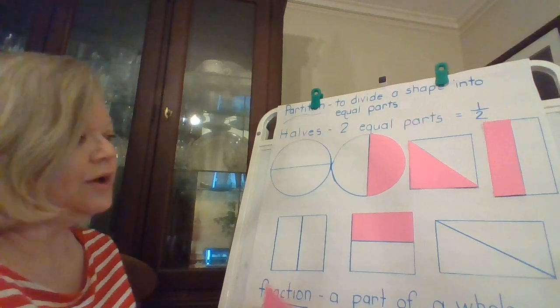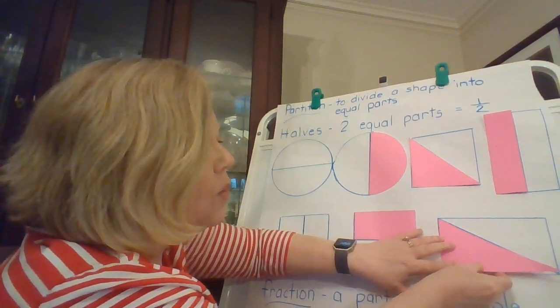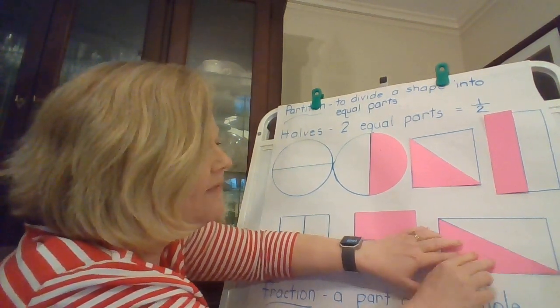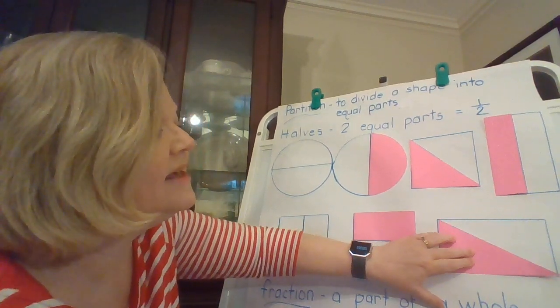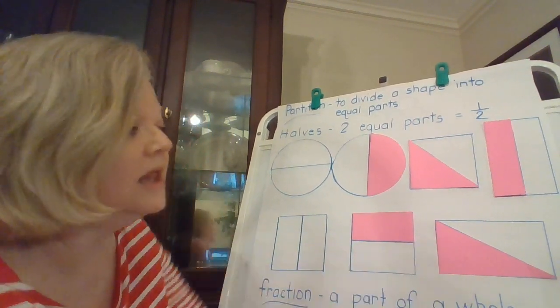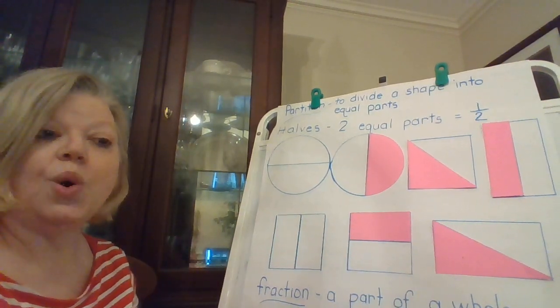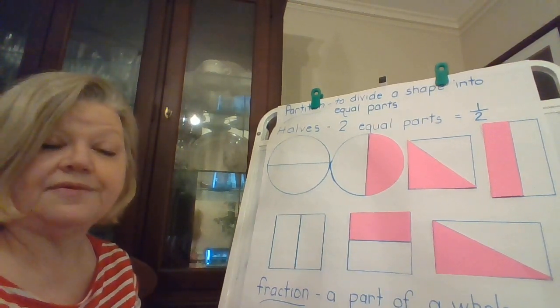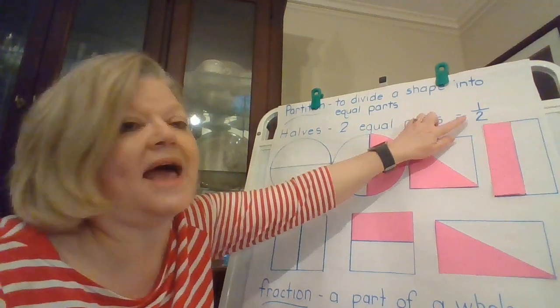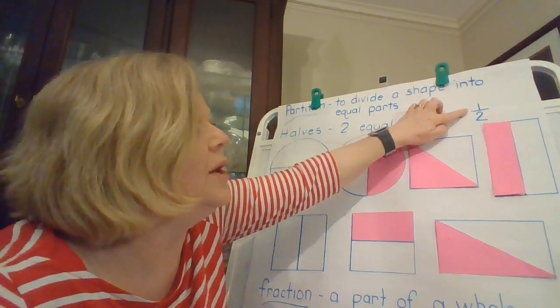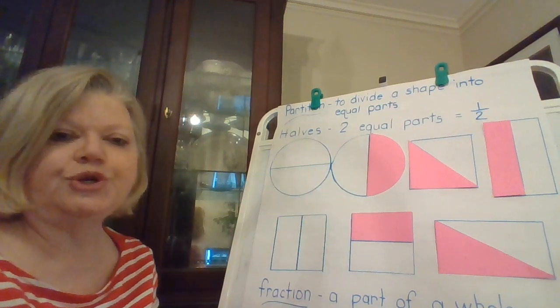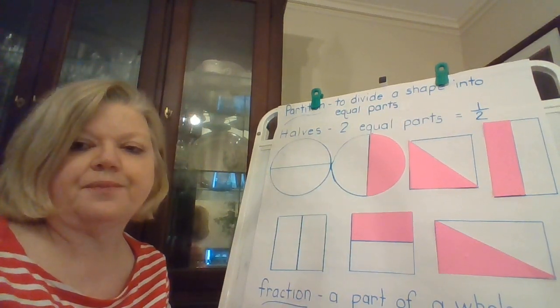My rectangle, 1/2. 1/2 is shaded or colored. All of these shapes show 1/2. And this is how we write the fraction. One part is shaded out of two parts altogether.